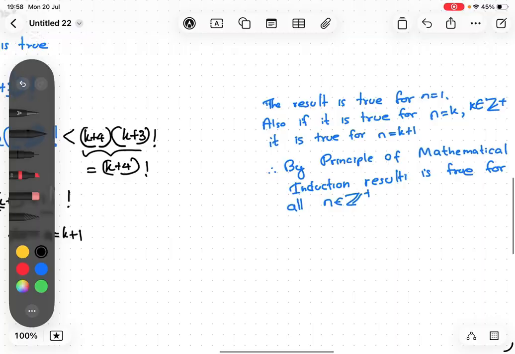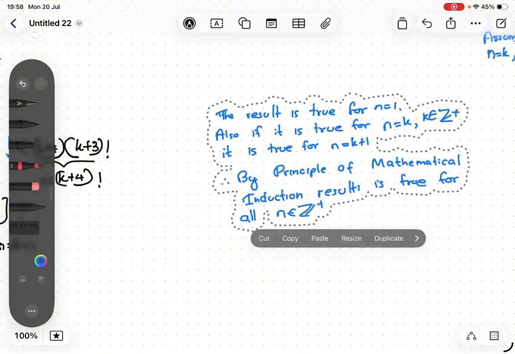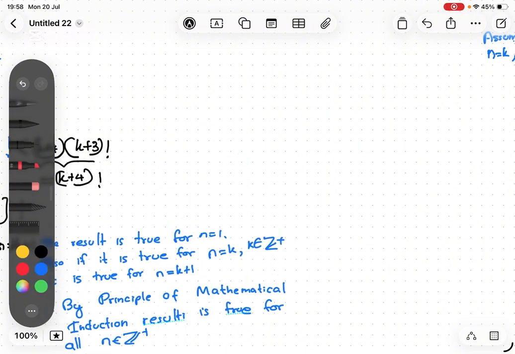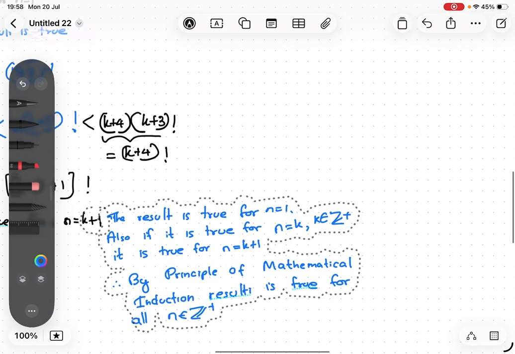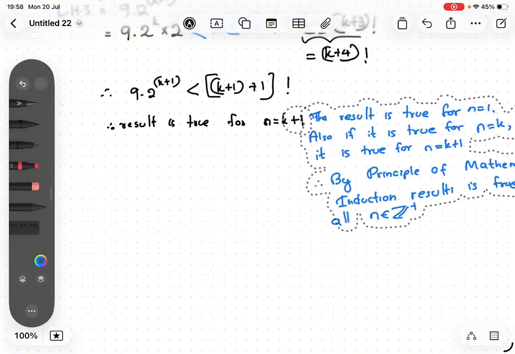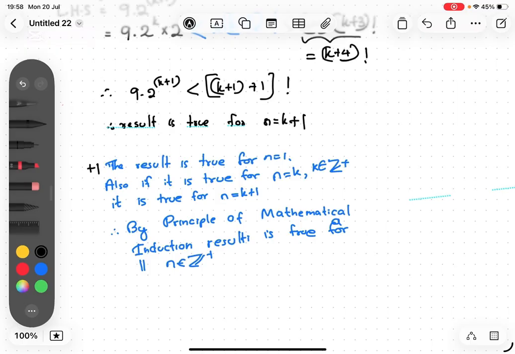Now we can finalize this using this, right? I wrote it here because you have to write the same thing. So what you have to write is this: the result is true for n equals 1, we showed it is true for the integer 1.